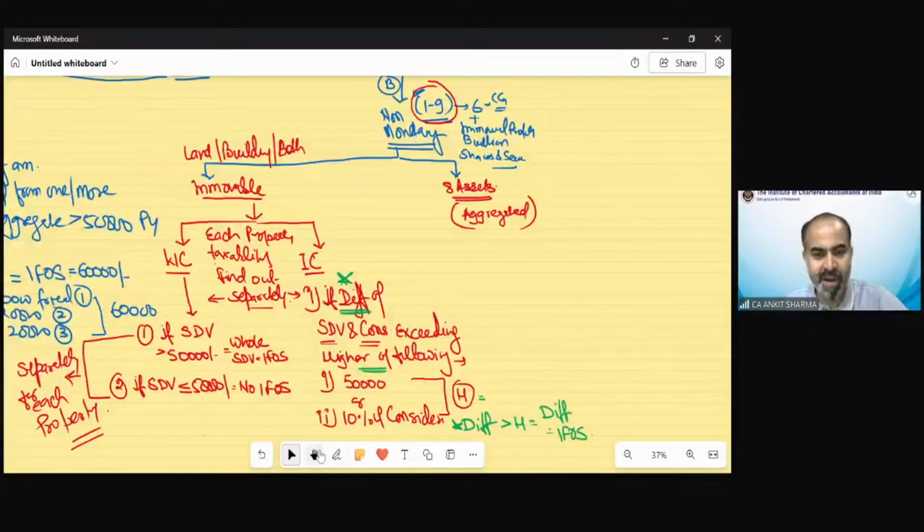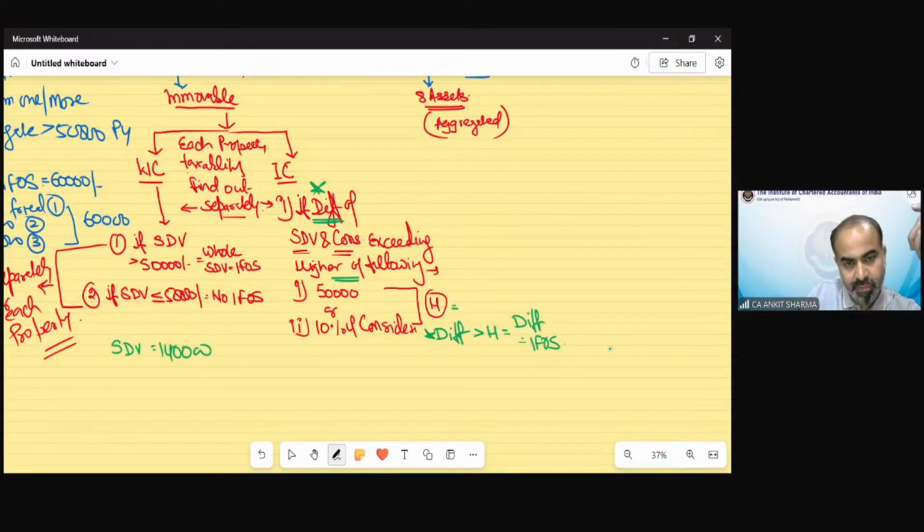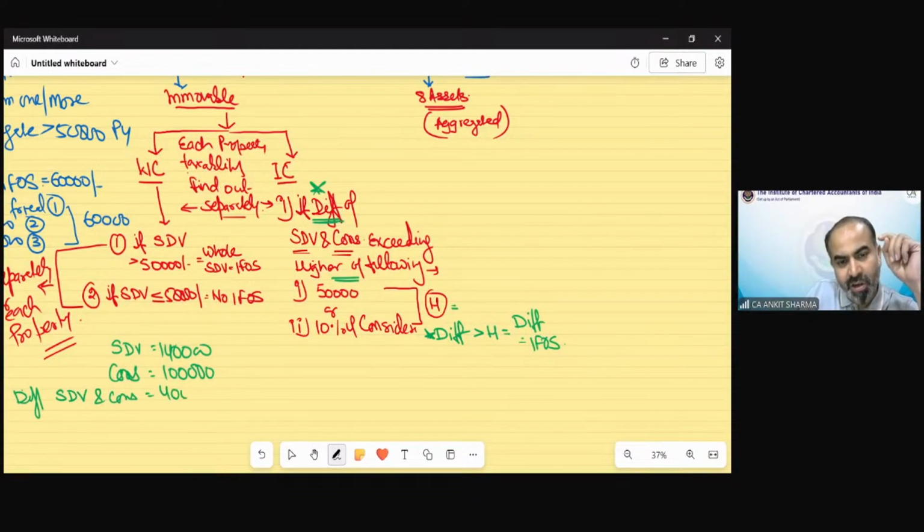You understand what I'm trying to say. So in case of immovable property, if that is inadequate consideration, suppose the stamp duty value is 1,40,000 and the consideration is 1 lakh. So in this case, you can see the difference of stamp duty value and consideration, how much is it? 40,000. Clear?